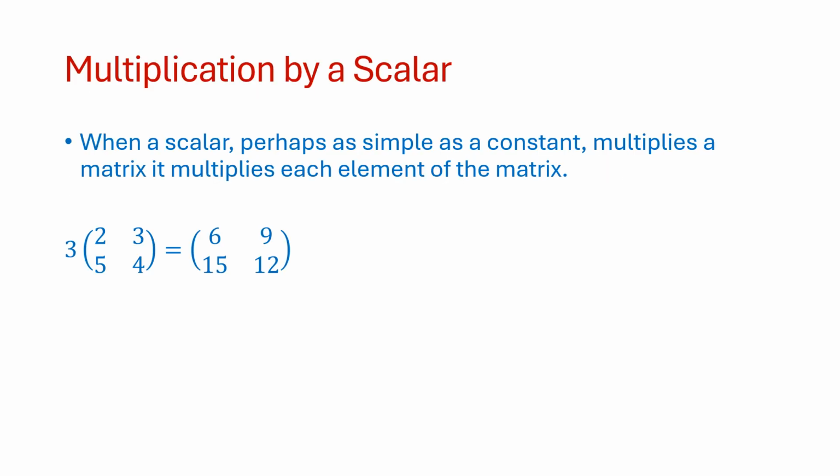Now, multiplication by a scalar. When a scalar, perhaps as simple as a constant, multiplies a matrix, it multiplies each element of the matrix.